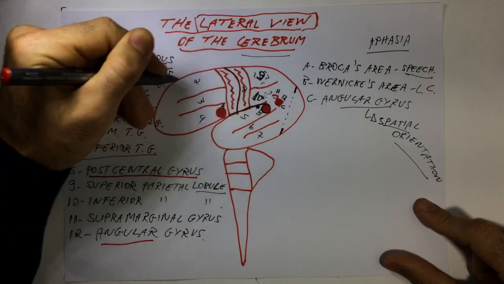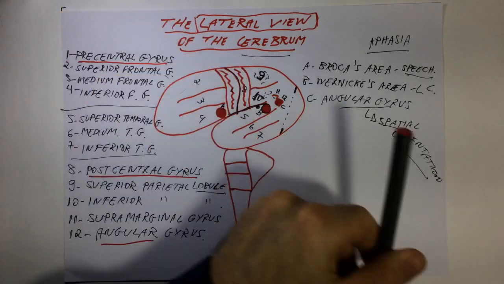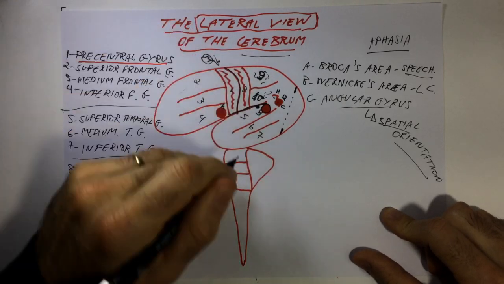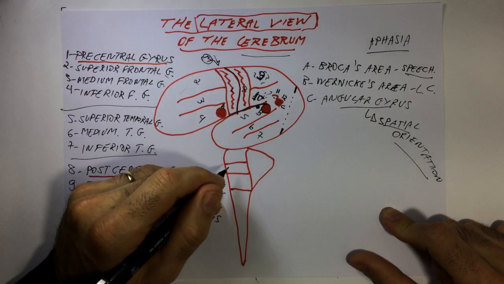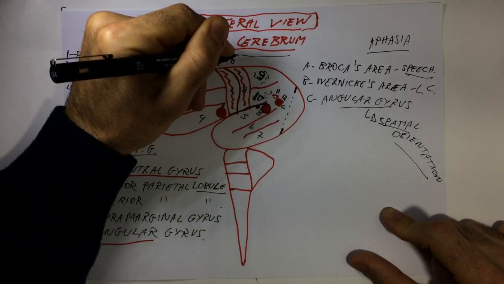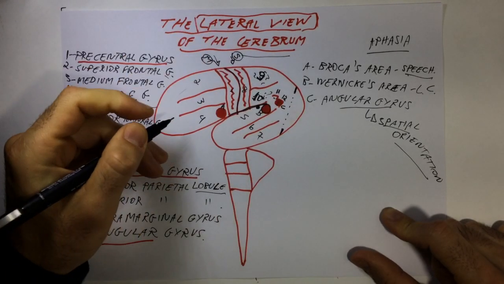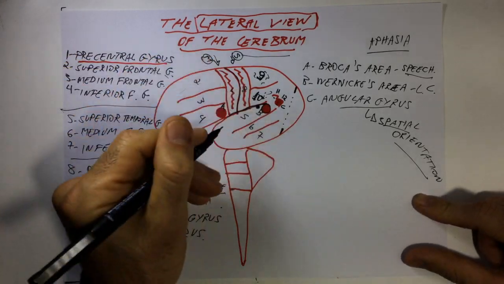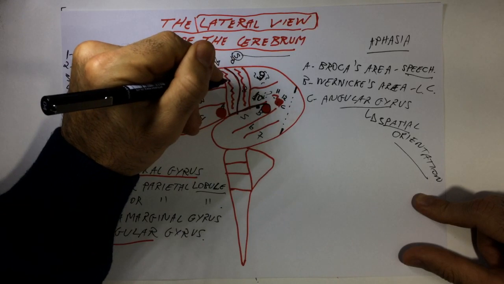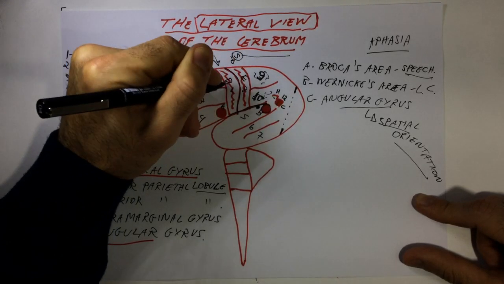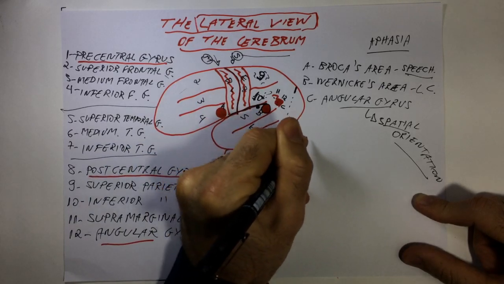Here in the frontal lobe, more related to the motor representation of the body, and here related to the sensory representation of the body. And these two areas, I'm gonna just put a letter D and E.